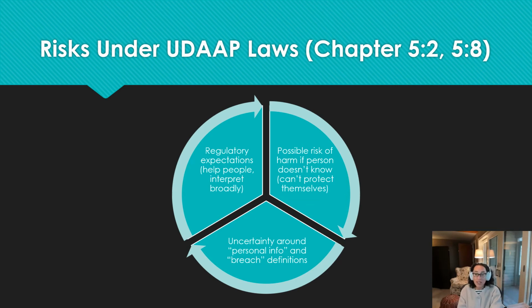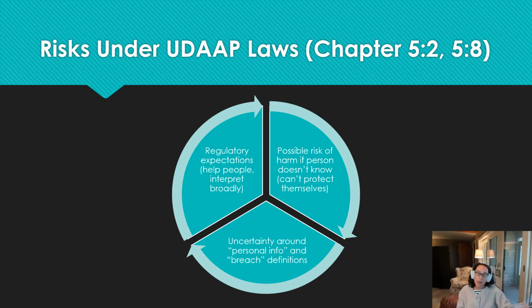Another is that there is some lack of clarity under the definitions of personal information and breach, especially as it applies to different fact patterns, as you've been seeing from our reading and applying the laws to the different breach scenarios that you guys have been playing around with in class. So in those situations, you might want to err on the side of notification to protect the individual, with the caveat that we have been thinking about throughout this class of, does notification really protect an individual?